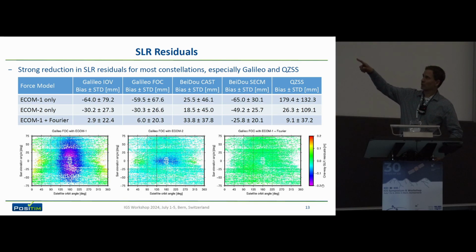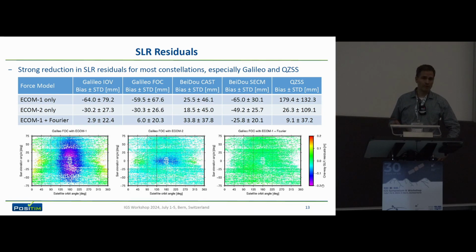If you look at Galileo, 18 millimeters with ECOM1 only, and with Fourier applied, about 22 millimeters for FOC, for IOV, same for Baidu, and even also same for QZSS, and some smaller reduction for Baidu, for the 2 different groups of Baidu satellites.